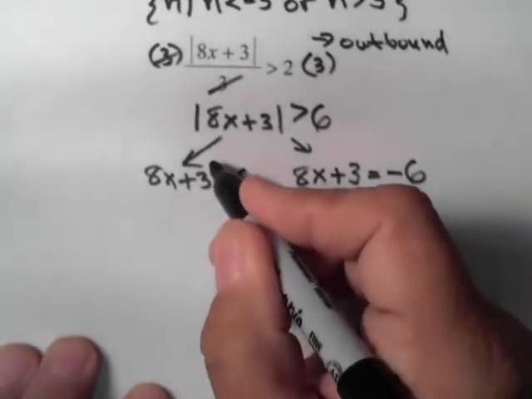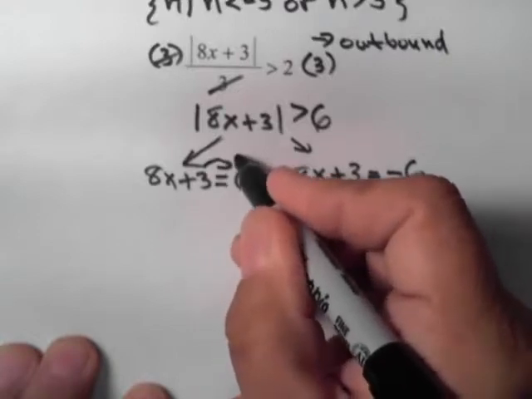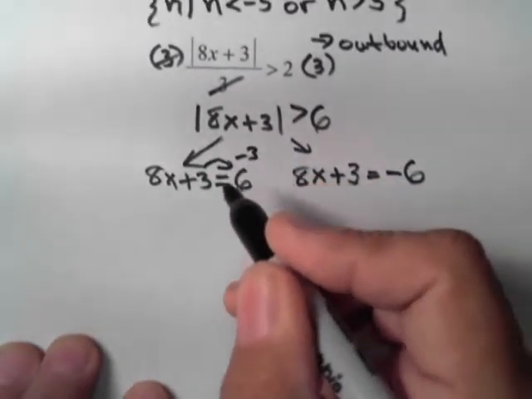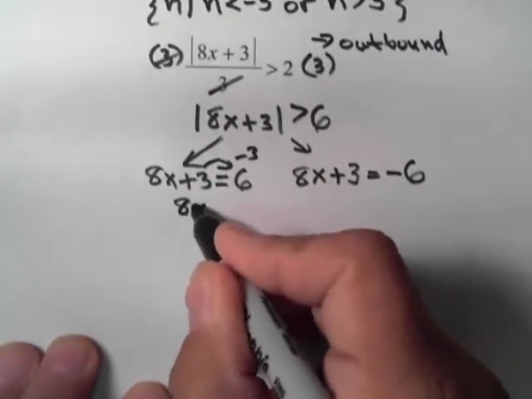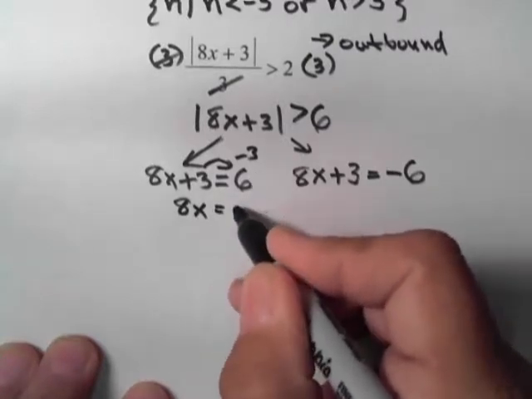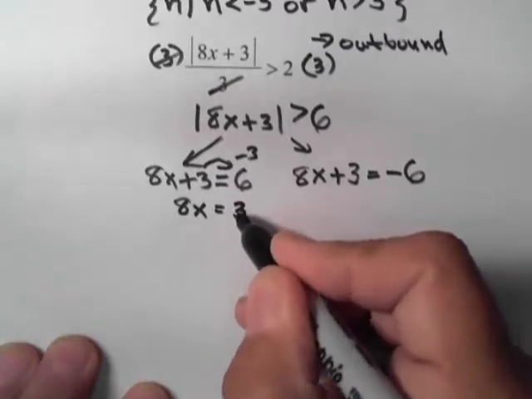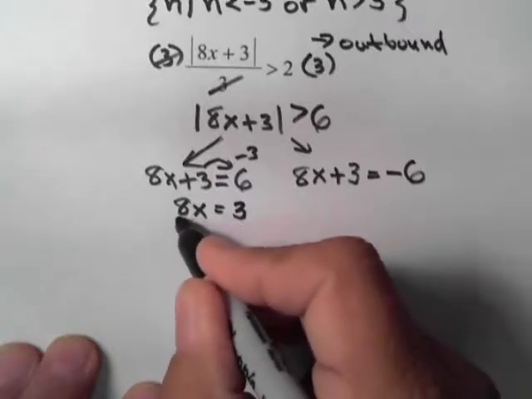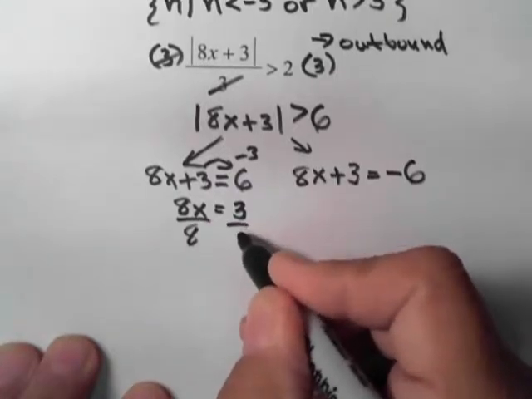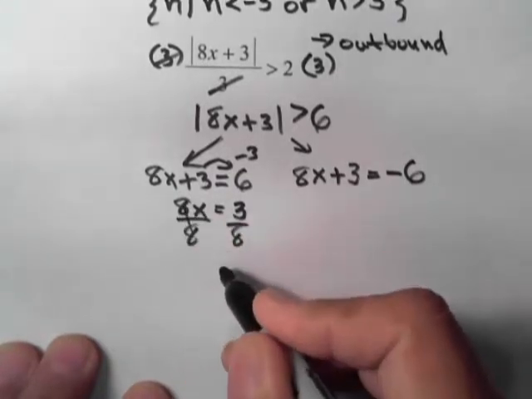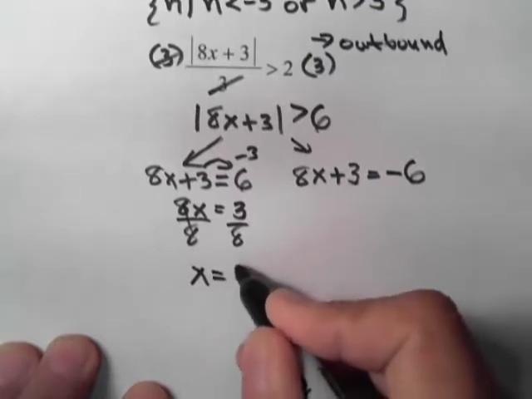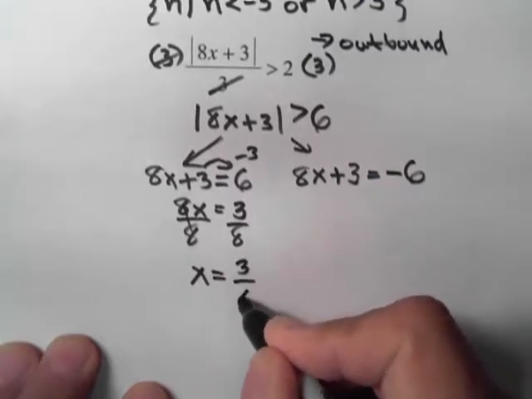Well, we've got to solve these for x. The plus 3 goes over here as negative 3. So I've got 8x equals, looks like it's going to be positive 3. Okay, divide both sides by 8. Here we go. x equals 3/8.